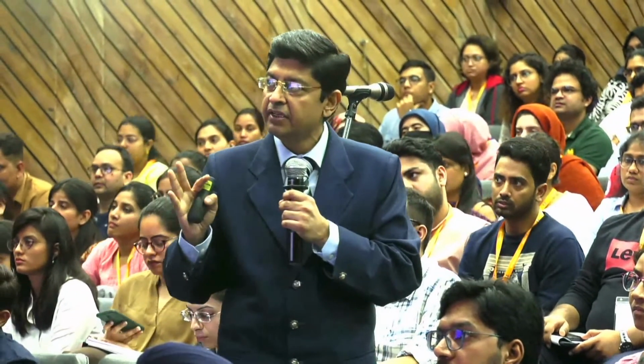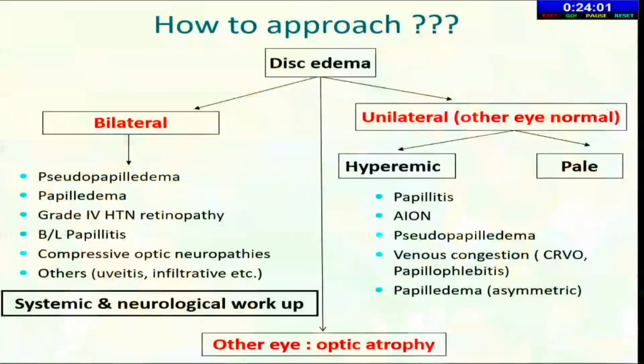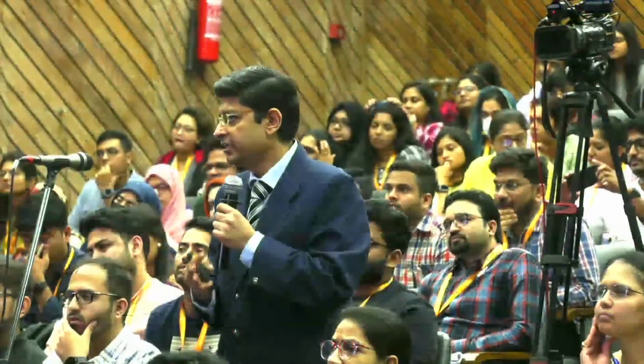If it's unilateral, you could think in terms of whether it's hyperemic or pale, although these are very gross differences, not so clear-cut, because over time even a hyperemic disc may start going towards pallor because of damage to the nerve fibers. Unilateral could be papillitis, ischemic neuropathies, unilateral pseudo-disc edema, or retinal causes.